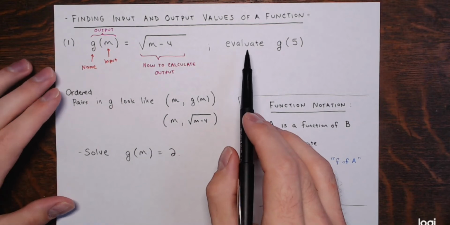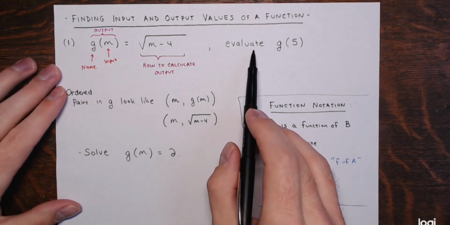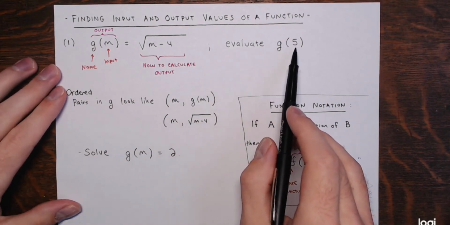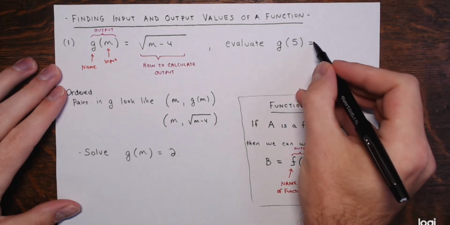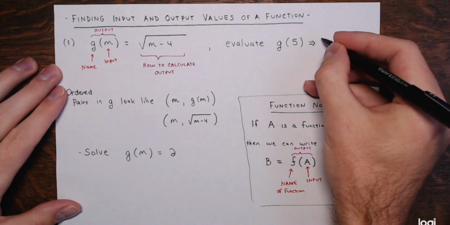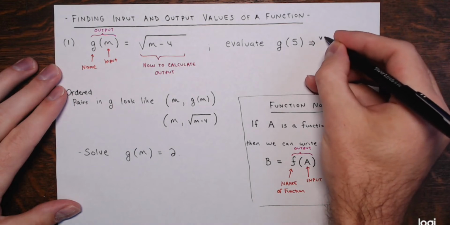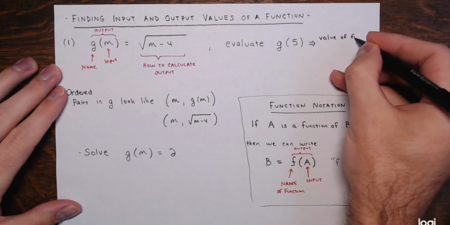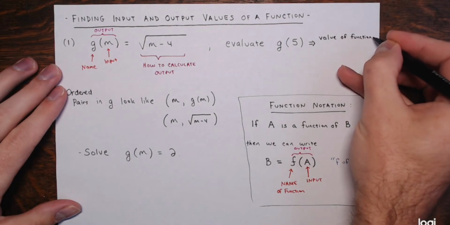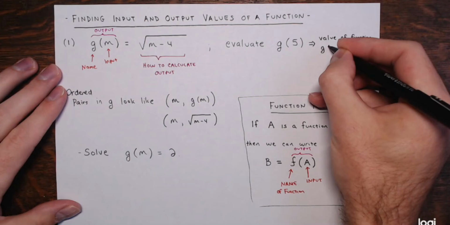First, I'm asked to evaluate g of 5. So remember, g of 5 means the value of function g. So what's the output?